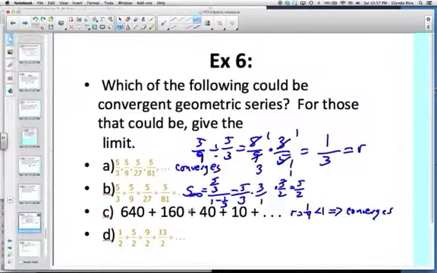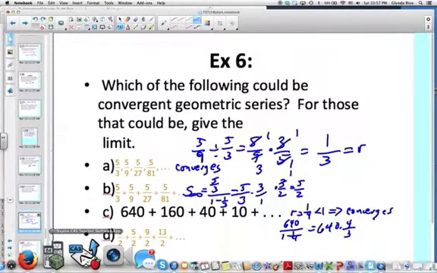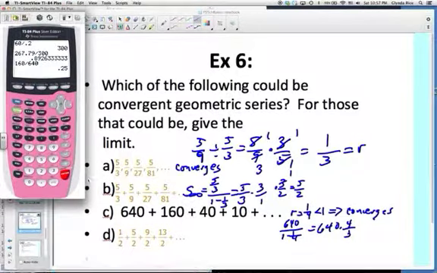And then type in 640 divided by 1 minus 1/4. 1 minus 1/4 is 3/4. 4/3. $8.53 1/3.